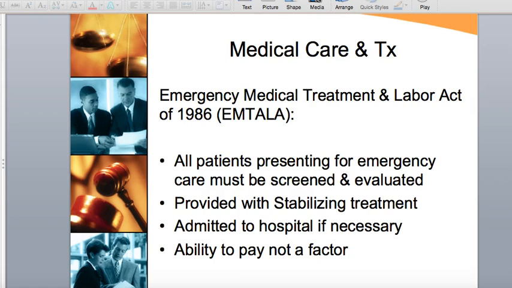An ability to pay or not pay for services should not be factored under this act. All emergency rooms in the United States abide by the Emergency Medical Treatment and Labor Act, and if they do not, they can be provided with stiff penalties and fines, and actually they open themselves up to litigation and lawsuits if they do not follow the Act.